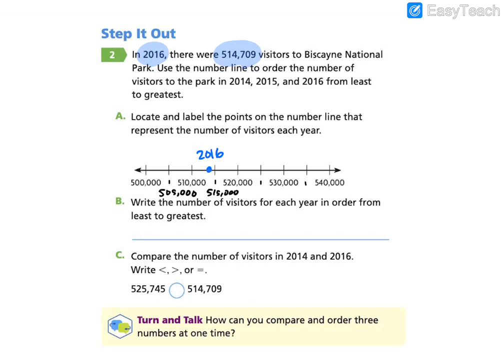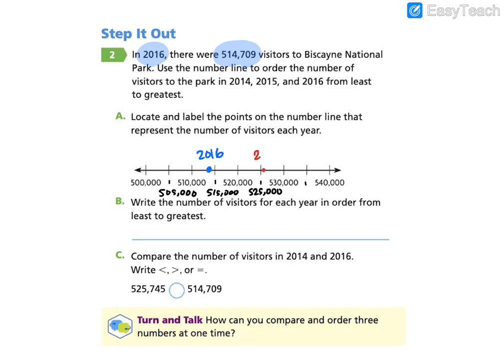Right, so now let's go ahead and plot our point for 2014. That point was 525,745. Again, we can look at this midway point here. This is going to be 525,000 because it's in between 520 and 530. We know that 525,745 is going to be just about at that point.